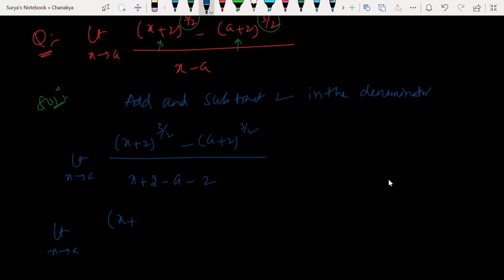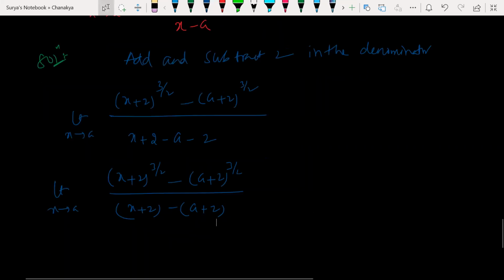So x plus 2 whole to the power of 3 by 2, a plus 2 whole to the power of 3 by 2. Look at this now, x plus 2 as it is, now minus a plus 2. Is it clear? Now it became my standard form. So what can I do now? What is n here? 3 by 2.